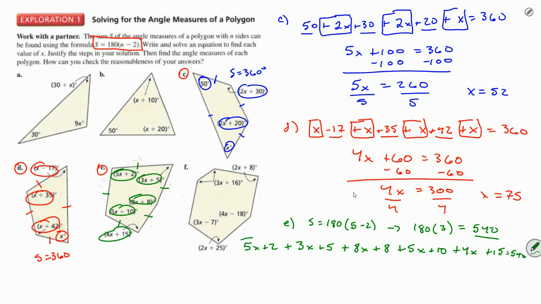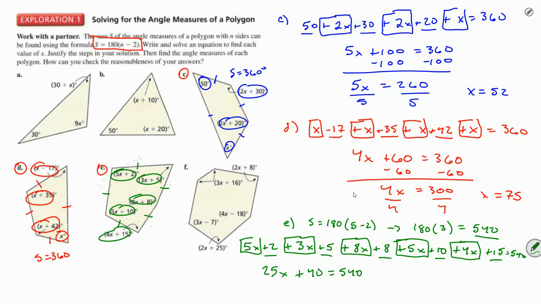Now we combine like terms and we have 5x, 3x, and 8x, and 5x, and another 4x. So 5 plus 3 is 8, plus another 8 is 16, plus 5 is 21, plus 4 is 25x. And 2, 5, 15, 25, 40.